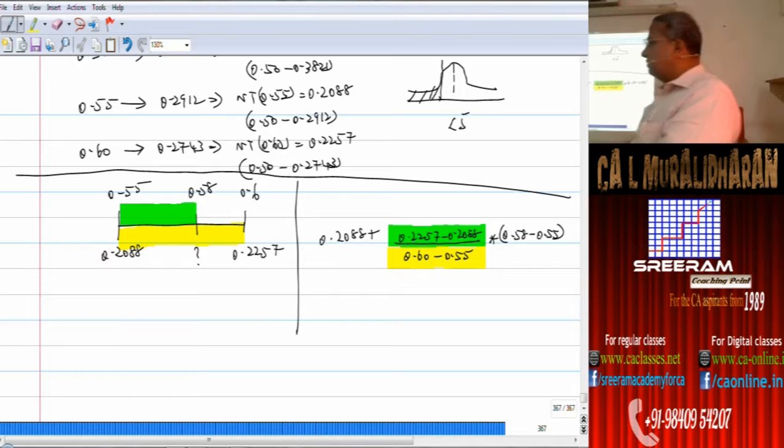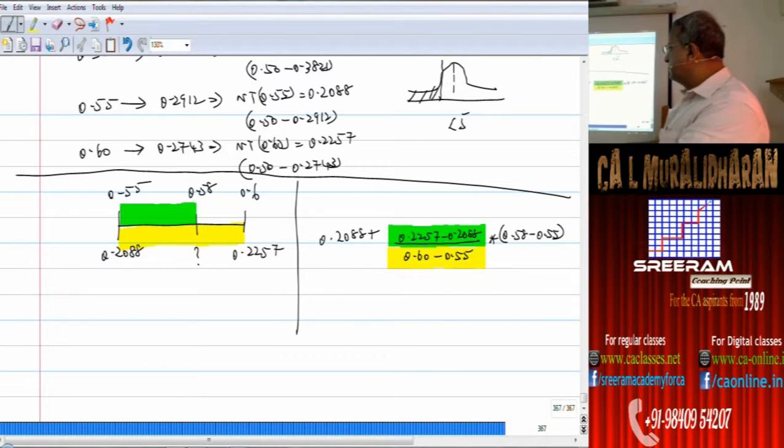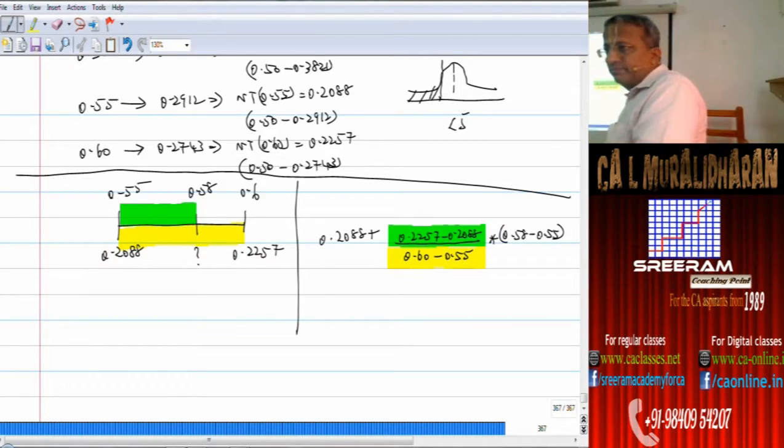For the gap between 0.55 and 0.6, the difference is 0.2257 minus 0.2088. That is going to tell upon a 0.05 value. We require only for 0.03.